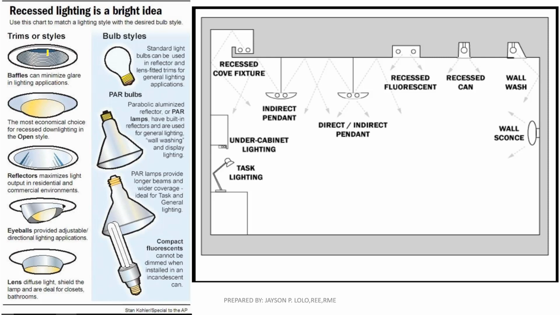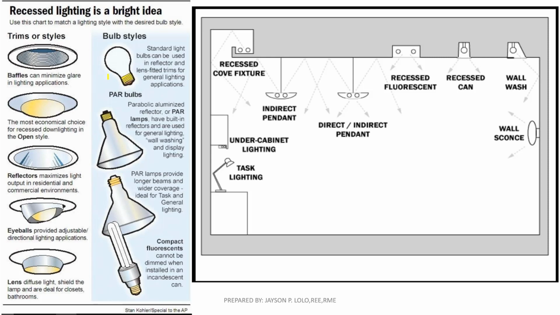Remember that each recessed fixture has different bulb styles that you can use. For baffles, you will use PAR bulbs, while for open style, you will use another PAR bulb which is in this shape. So these are 4 bulb styles that you can use for recessed lighting.